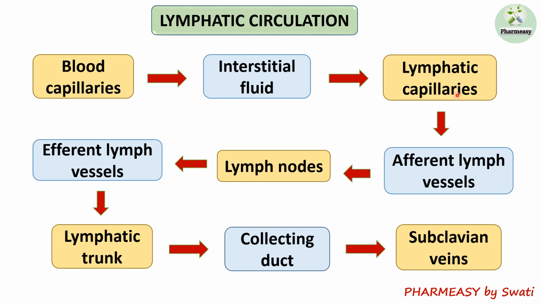The interstitial fluid is transferred from lymphatic capillaries to lymphatic collecting vessels, where it is filtered by lymph nodes. Lymph moves from lymphatic vessels to lymphatic trunks, collecting ducts, and ultimately into the subclavian veins. This flow is unidirectional and towards the heart.